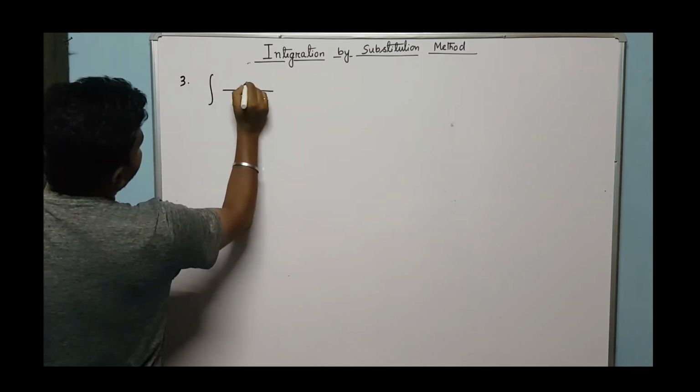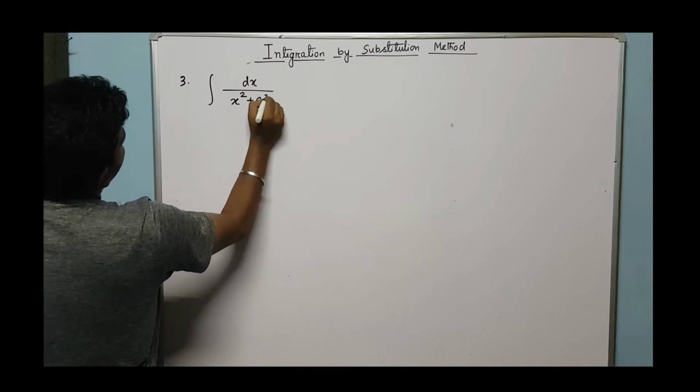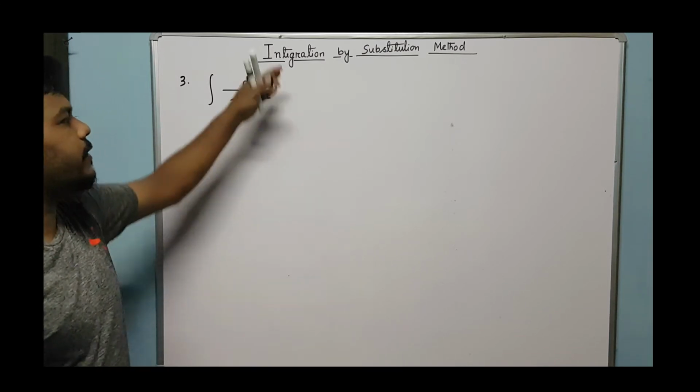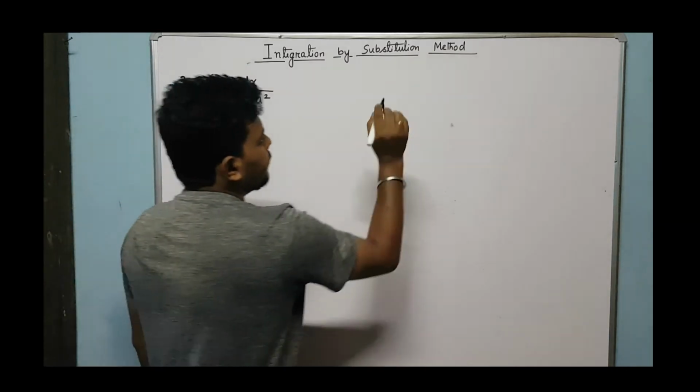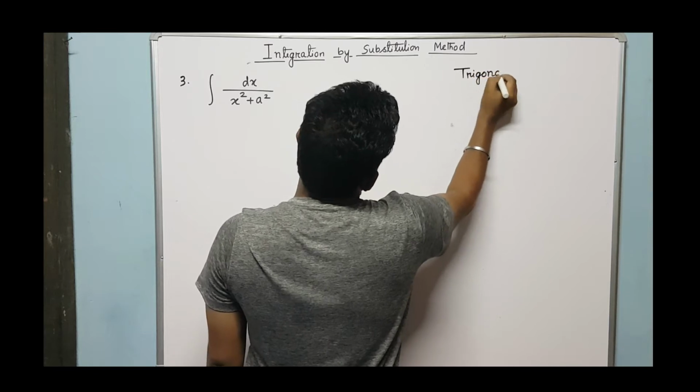Integration of dx by x square plus a square. To integrate this, we have to understand some trigonometric substitution.